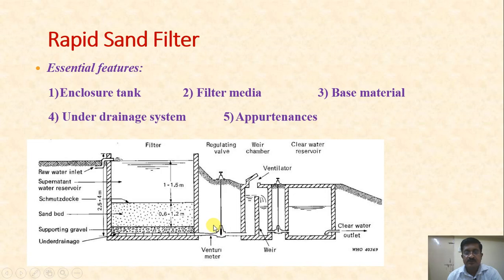Various valves are there, and a metering arrangement is there to measure the flow. You can see on this side in the cross section, a weir is provided, in between a venturimeter is provided, and also the clear water tank is there. In detail we are going to study this.